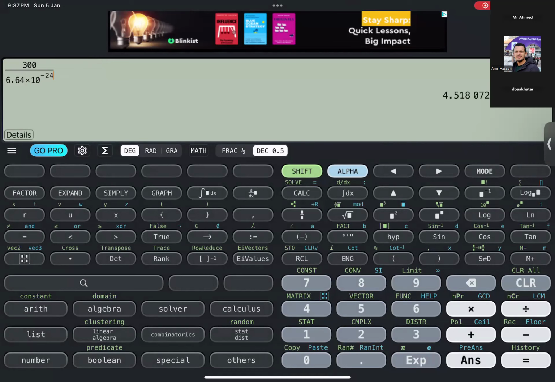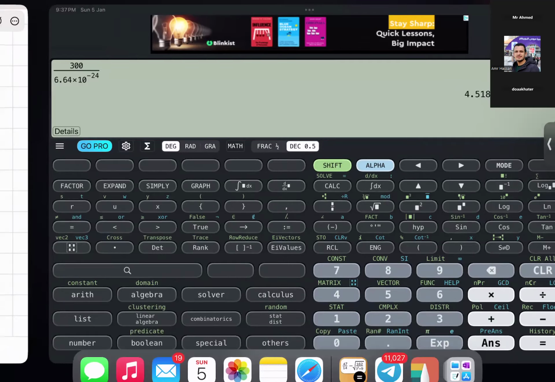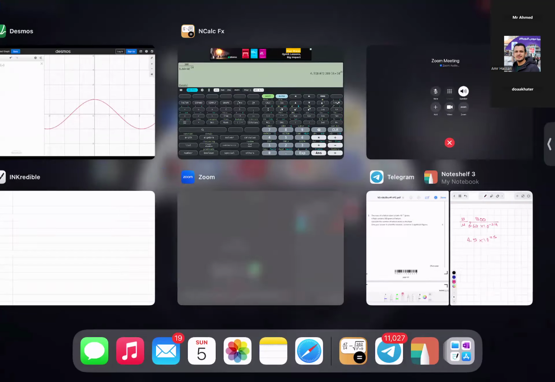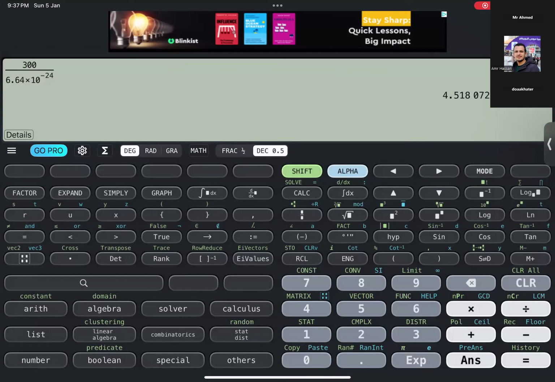Oh, this one's been written in scientific notation, no need to do anything, just write it. 4.5 times 10 to the power of 25. Wait, hold on. 4.518.